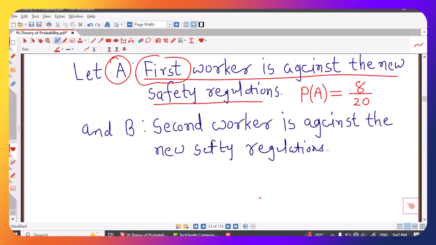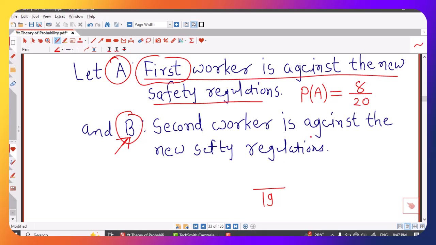So now in the sample space for event B, I am left with 19 workers, because for whatever worker I have taken the opinion of in the first trial, I will not count that worker here. So the sample space is reduced to 19 because here we are considering the opinion of the second worker also. So the sample space for this second event will have 19 workers.